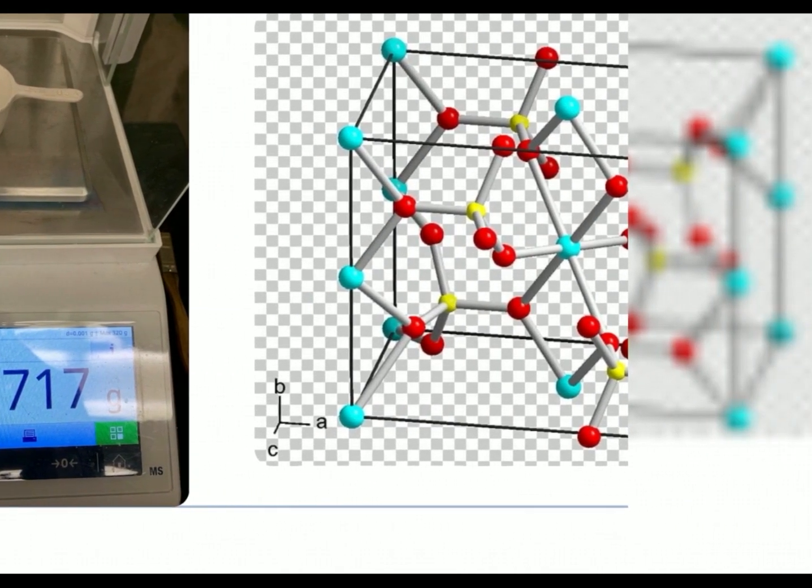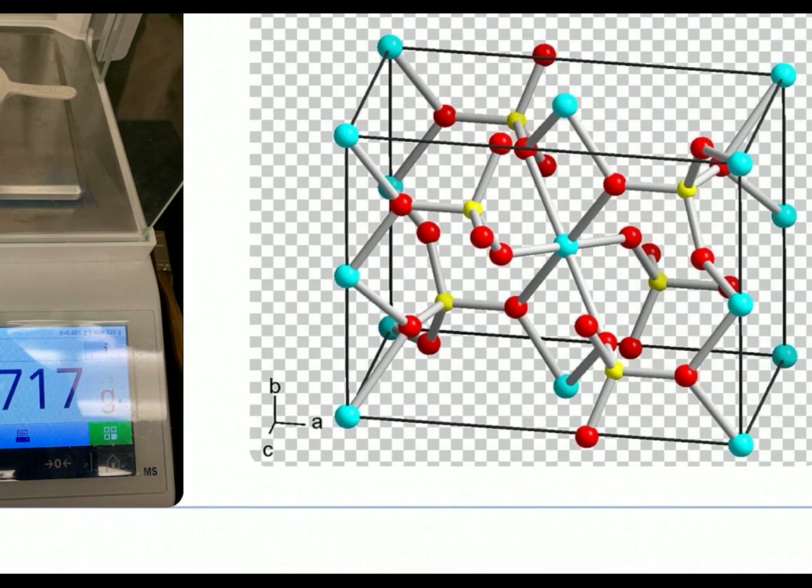So just to be clear, now we have a different type of solid. And for this guy, if you look, this is SO4. Every single oxygen that you see in here, red oxygen, is due to the sulfate polyatomic anion.